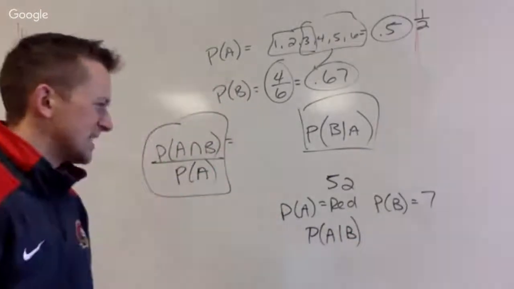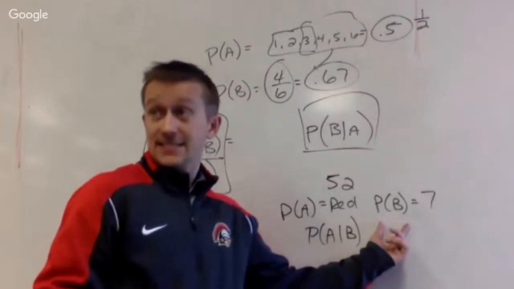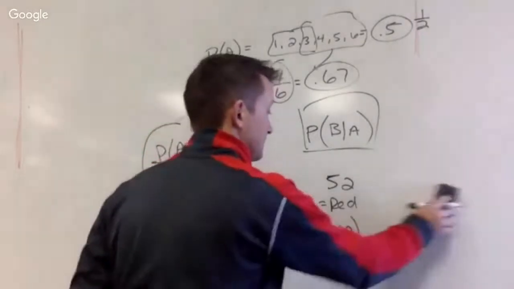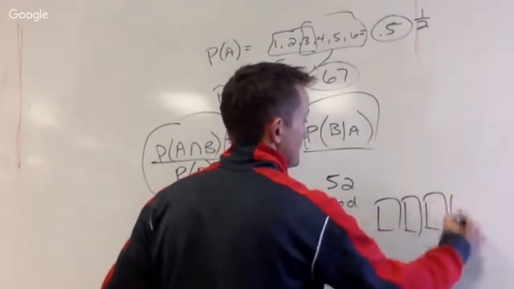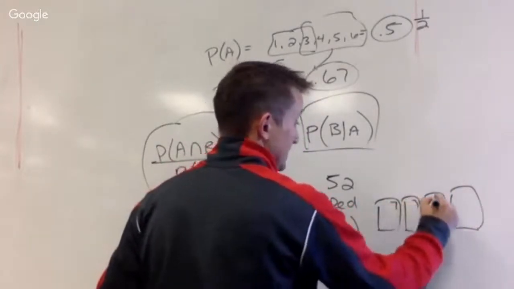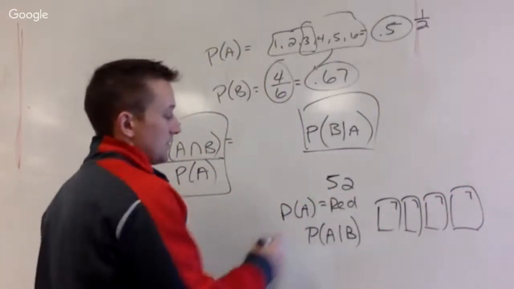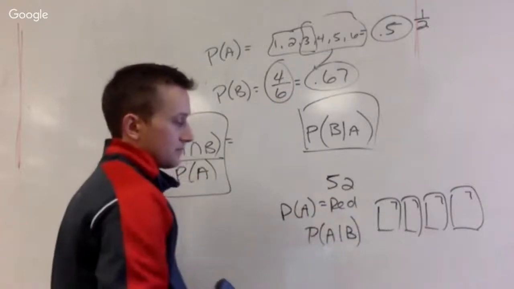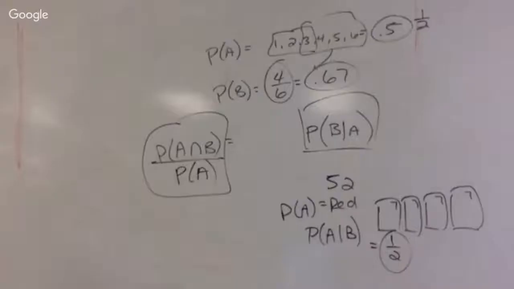What is that saying? B occurred, I have a 7. How many 7s are there? 4 7s. That is given, set in stone. So based on that, what is the probability that there will be a red card? 2 out of 4, which is 1/2. Does that make sense? Okay. So that would be what we would say there. Correct.